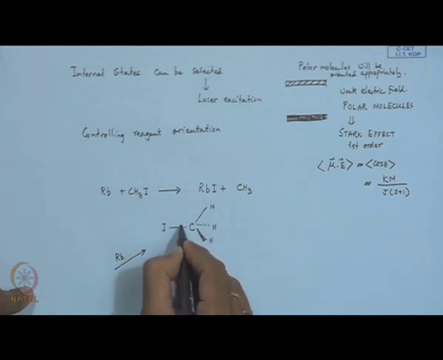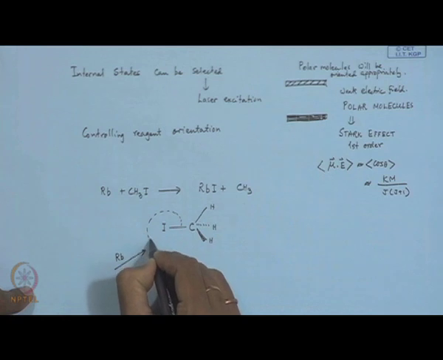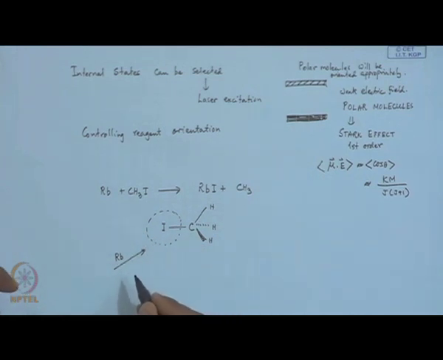You want to know whether you are getting any RbI in the backward scattered direction.